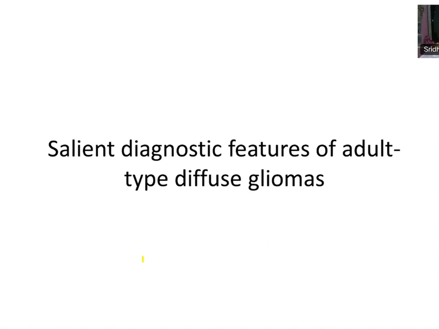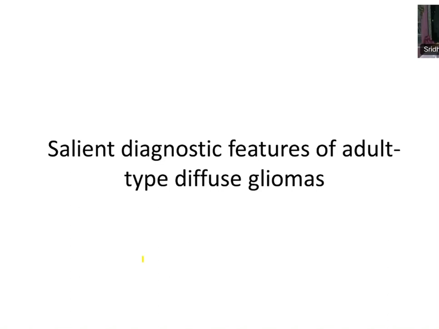So the answer is, reactive gliosis is never positive for IDH1 R132H if you are using a mutant protein IHC. But as I said, in the market you also have an IDH1 normal protein IHC. Shreya, if you have a normal protein IDH1 IHC, what will happen in reactive gliosis?